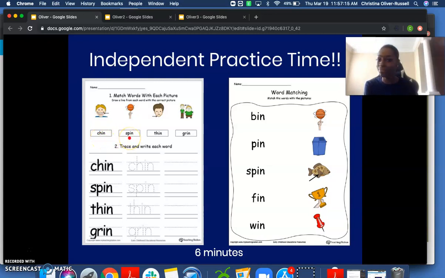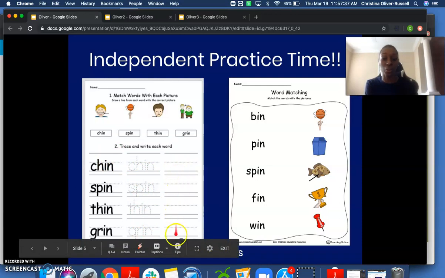Is this grin? Nope. Is this grin? Nope. Is this grin? Yep. You're going to match this picture to this word. So you're going to draw a line all the way over here. You're going to do that for the other 3 pictures. Then you're going to come down to part 2 of the worksheet and trace these words and then write the word.